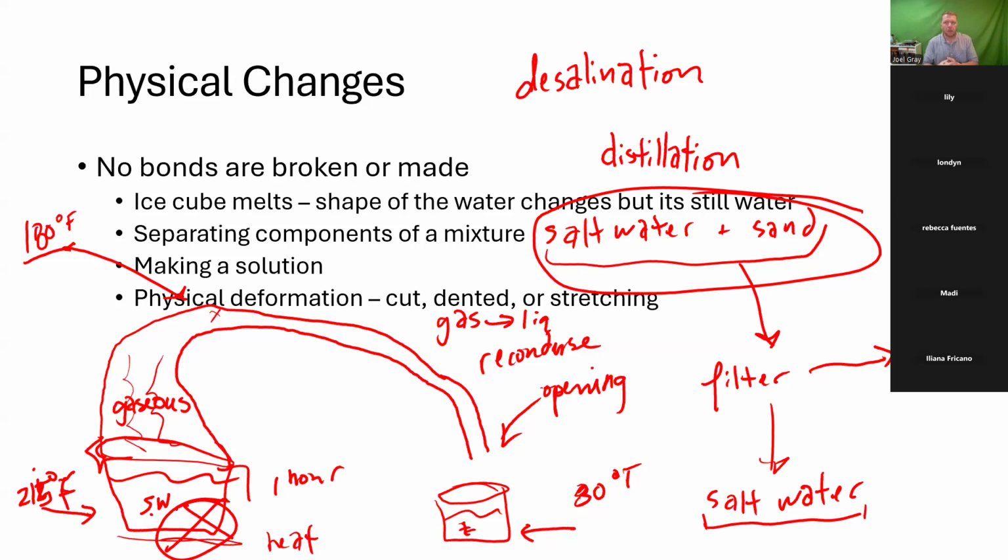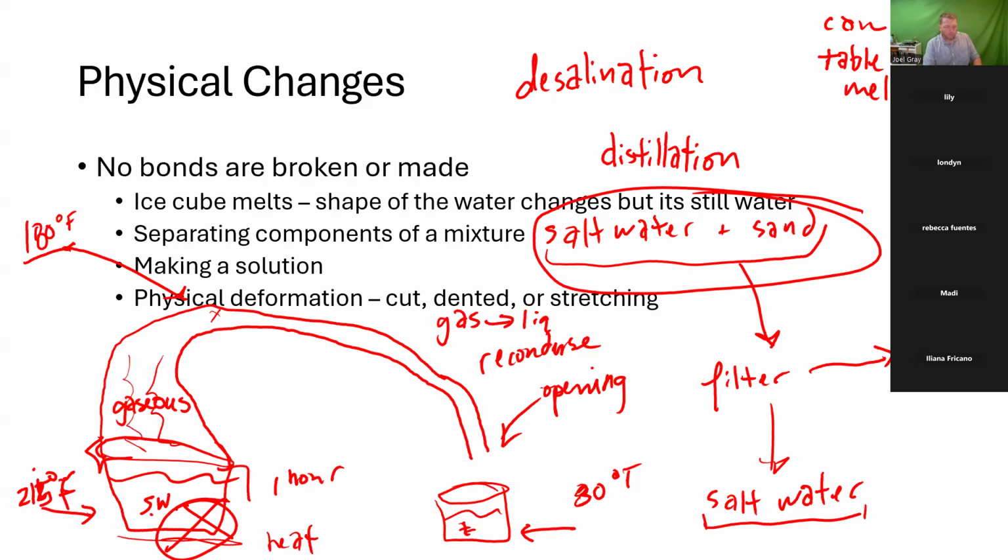Now you might be thinking, oh, but will the salt melt? So can table salt melt? It can.